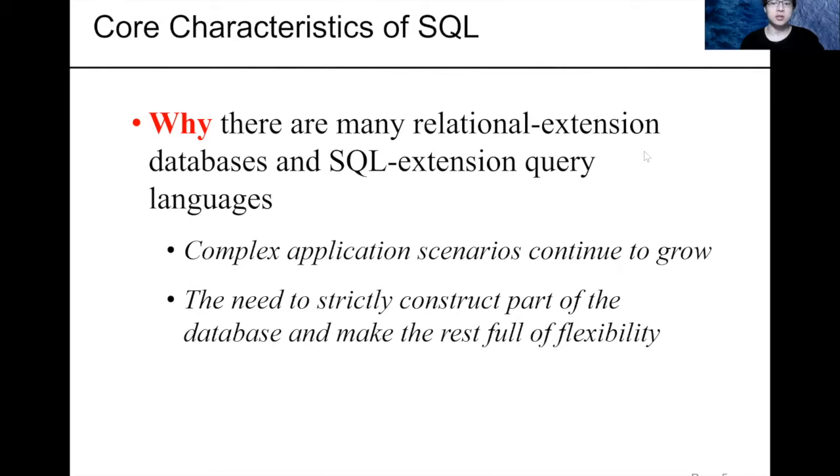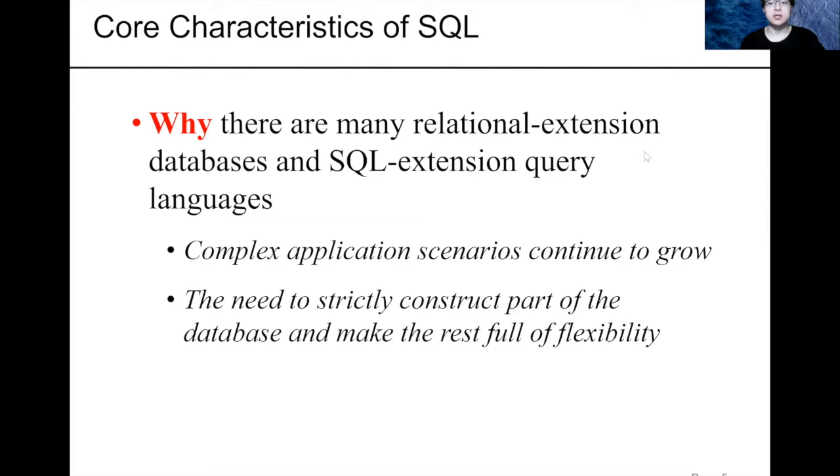The advantages of relational databases are as well known as their disadvantages. The rigorous mathematical theory foundation makes its data structure simple and clear, and the user can understand and use it easily. At the same time, it has higher data independence and better security and confidentiality.